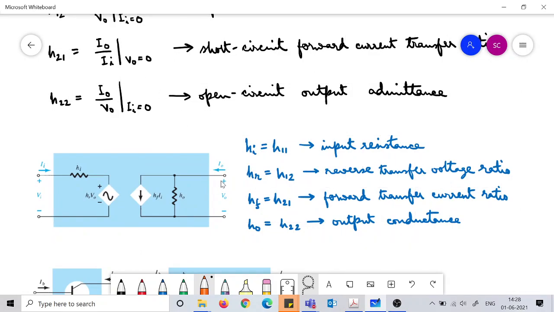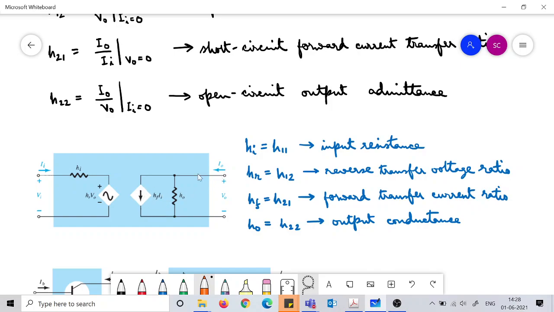Suppose your v0 is short circuited, then what happens? Then this h0 gets short circuited. So whatever I0 is flowing goes through your hf Ii.